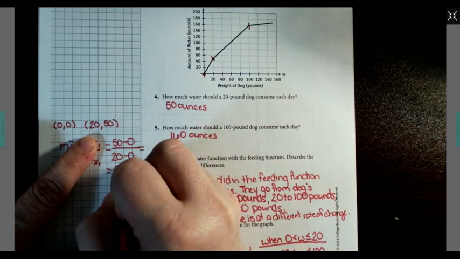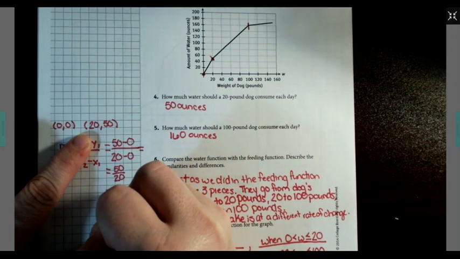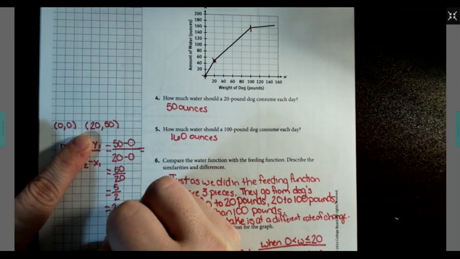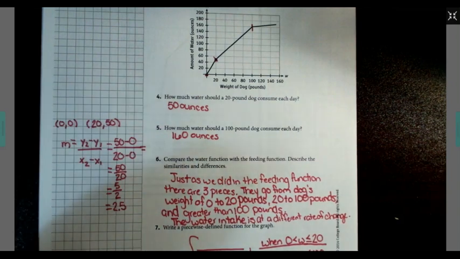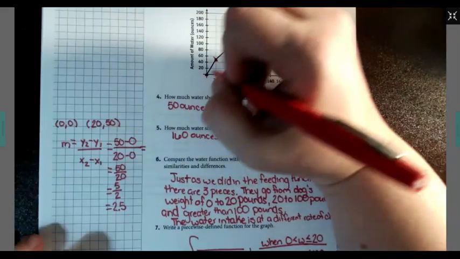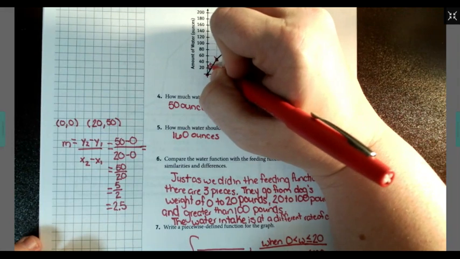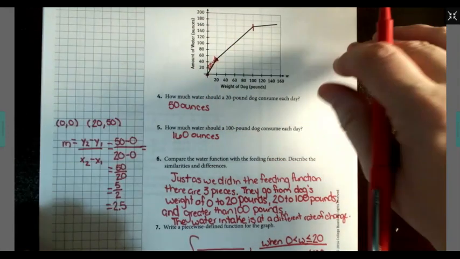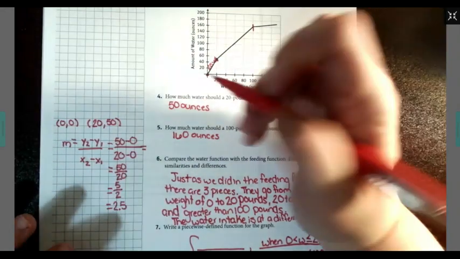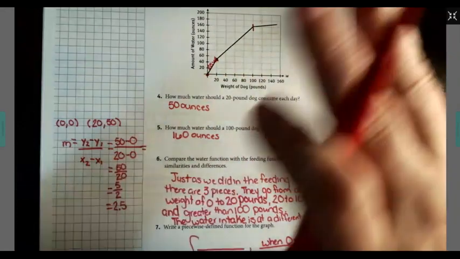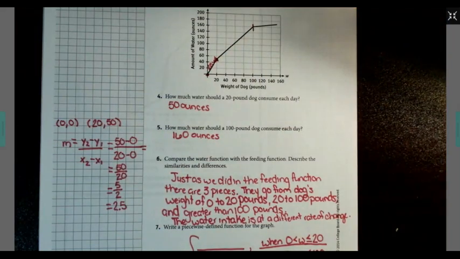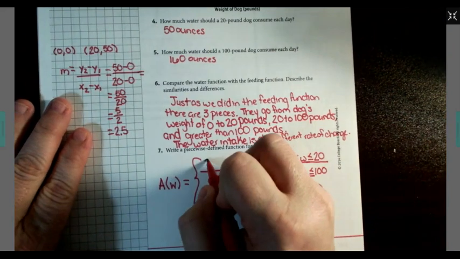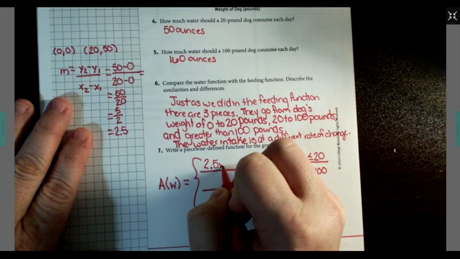That gives me 50 over 20, which is equal to 5 over 2, or 2.5. Now, that's the slope of this line. 2.5 times W, the weight. It goes through the origin, so there's no B here. It'd be plus 0. So we would just write this as 2.5 W.